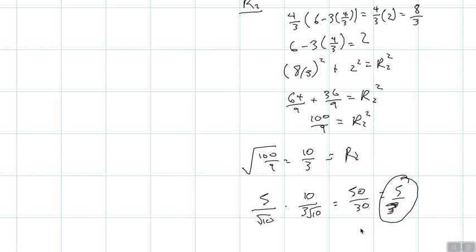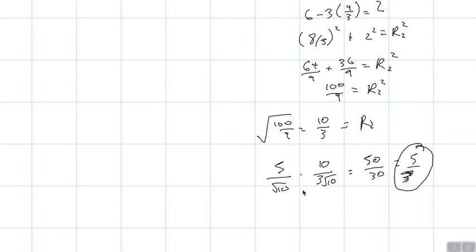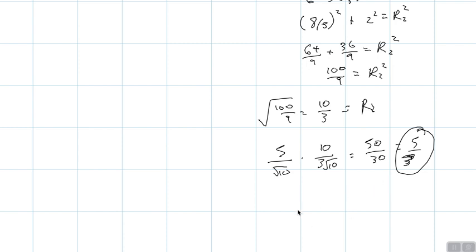Okay, so the sum of all possible values of R are, we got 9/5 plus 5/3, and adding those two together, it's 27/15 plus 25/15, which is 52 over 15.